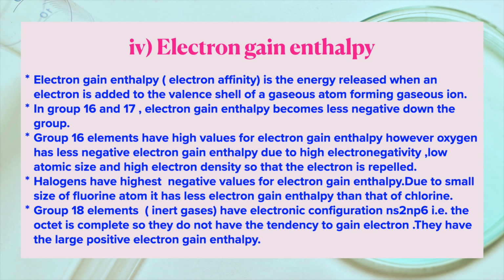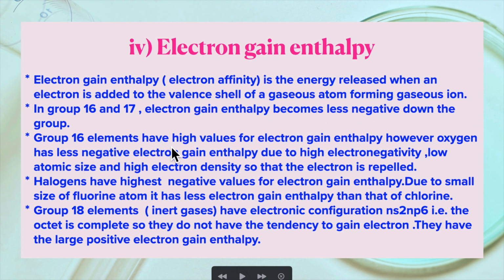You know that the atomic size goes on increasing when we move from top to bottom in the 16th and 17th group, and therefore the added electron will not be attracted by that nucleus, and so the value becomes less negative. It has less tendency to gain electron.